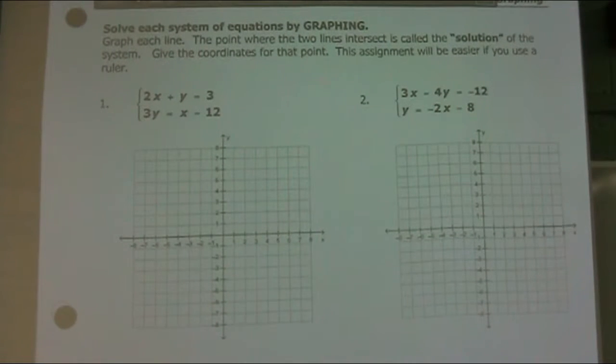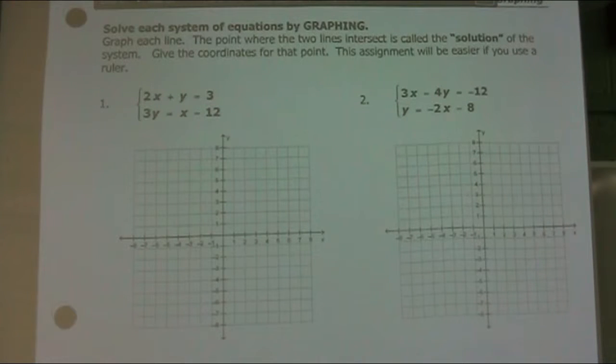This is an example of solving a system of linear equations by graphing. Now remember, you know how to graph a line. You can either find 2 points on the line, like the x-intercept and the y-intercept, or you can use the slope-intercept form of the line, y equals mx plus b.